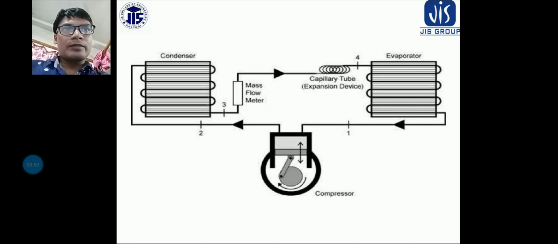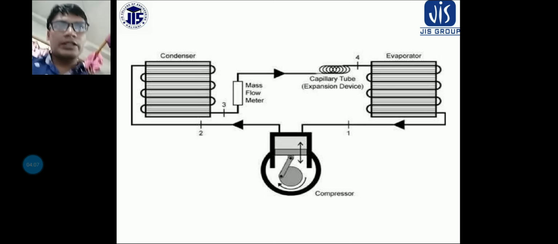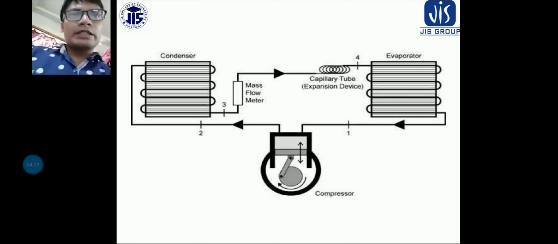The centrifugal compressor is suitable for R11, R12, R113, etc. The rotary compressor is suitable for R21 and R114. A screw compressor is also there. We will be discussing them one by one.